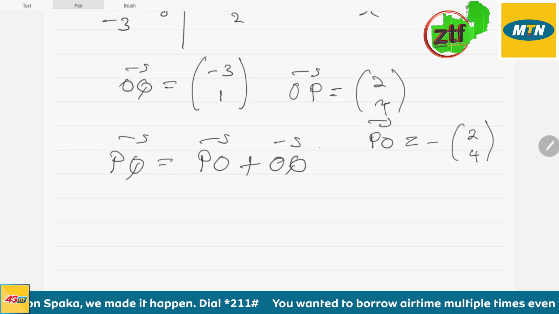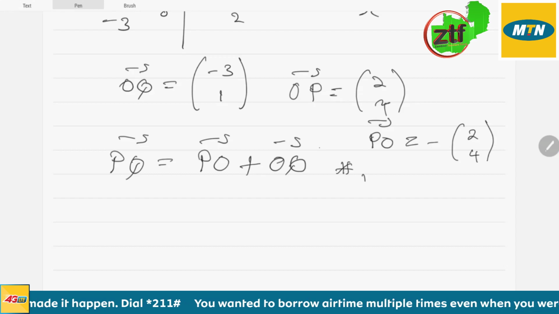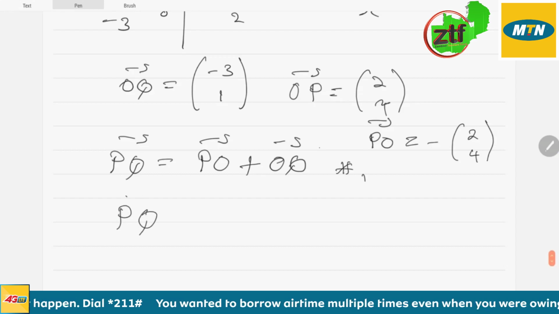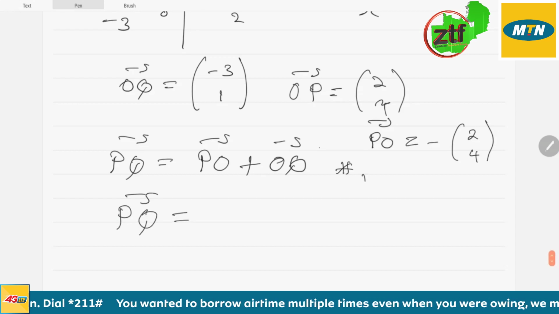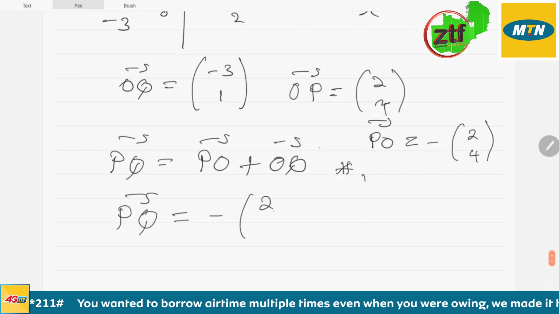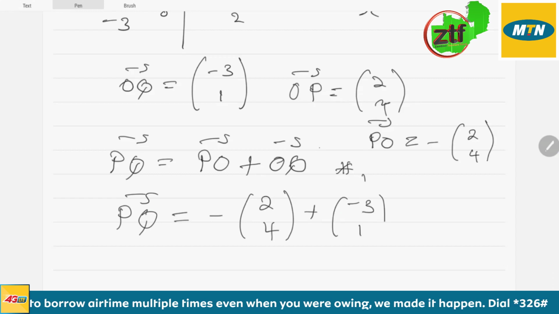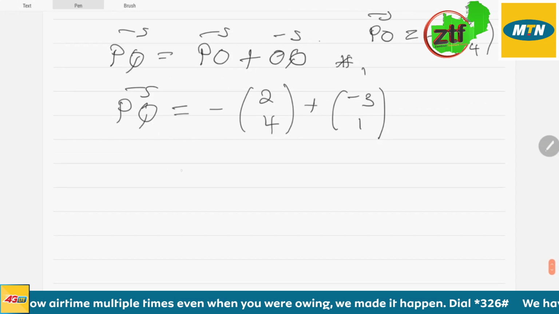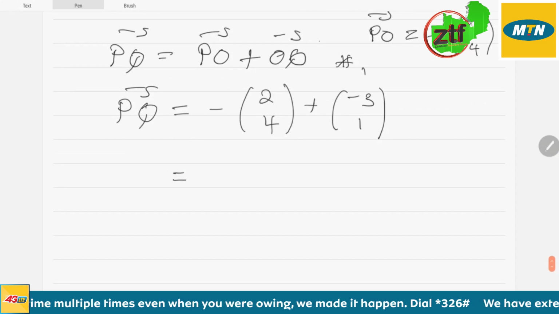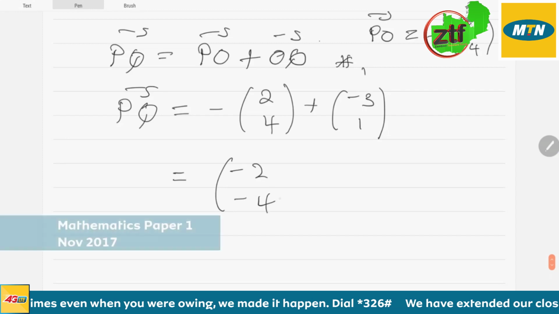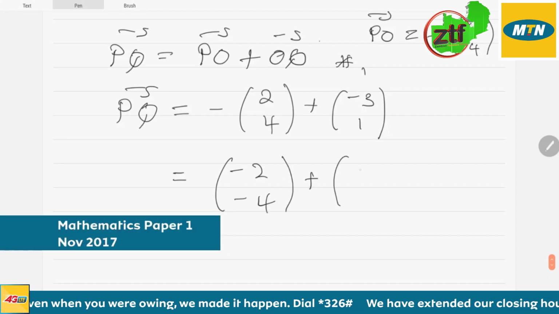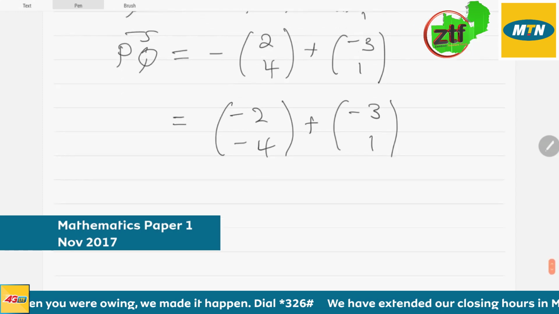So substituting the vector PO into star 1, we are going to have PQ is equal to -2, -4 plus the vector OQ, which is -3, 1. So multiplying the vector 2, 4 by the scalar -1, we get -2, -4 plus -3, 1.